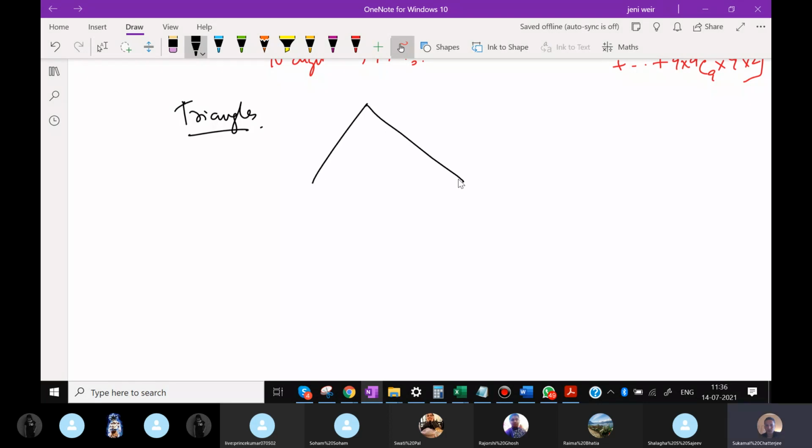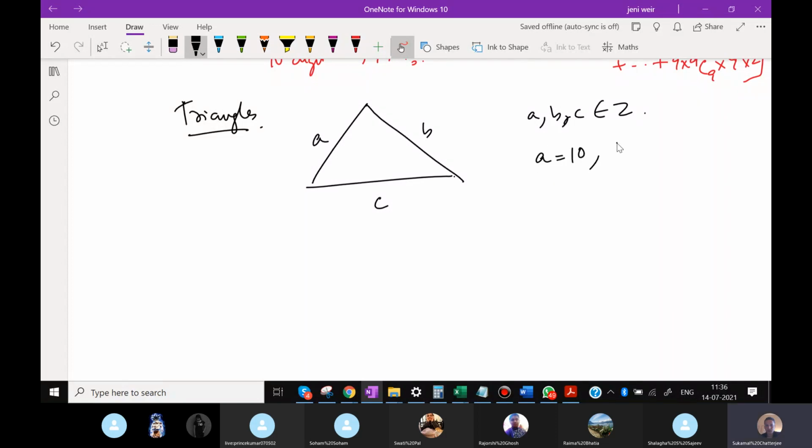Now, if I have a triangle where the sides are A, B, and C, and it is given that A, B, and C are integers, and A is equal to 10, C is equal to 20, then how many such triangles are possible?